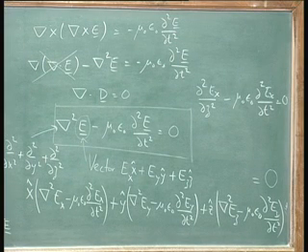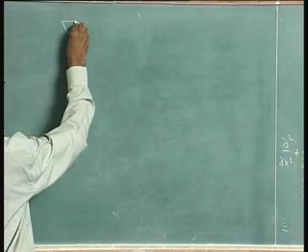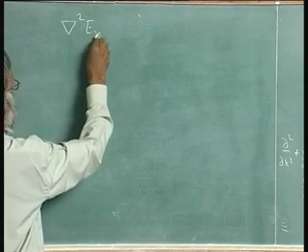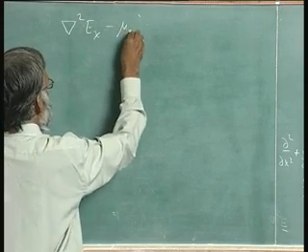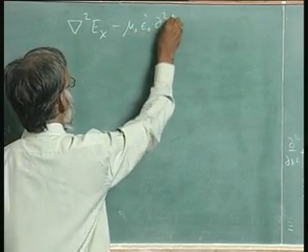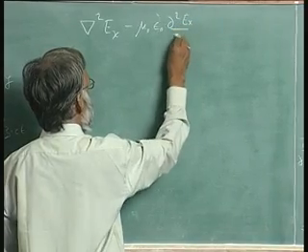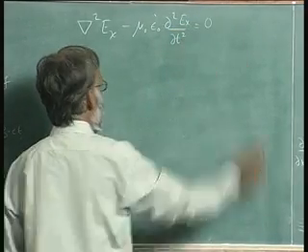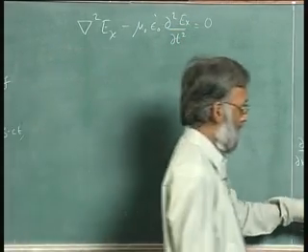Instead of having a very complex vector equation, I now have 3 scalar equations. The 3 scalar equations are del squared E x minus mu naught epsilon naught del squared E x del t squared equals 0. That came from setting this to 0.